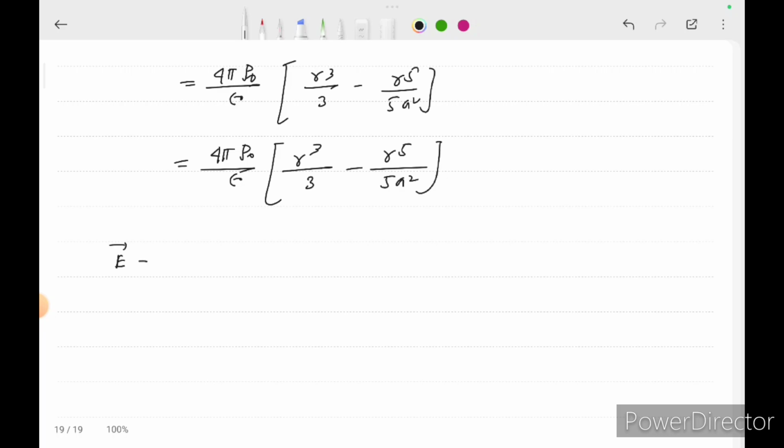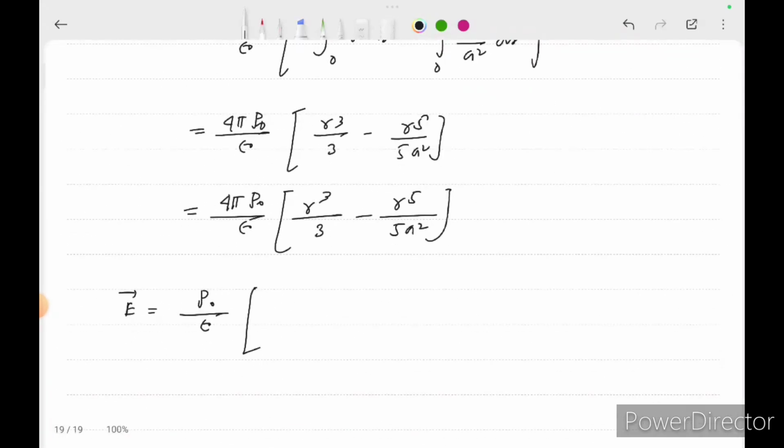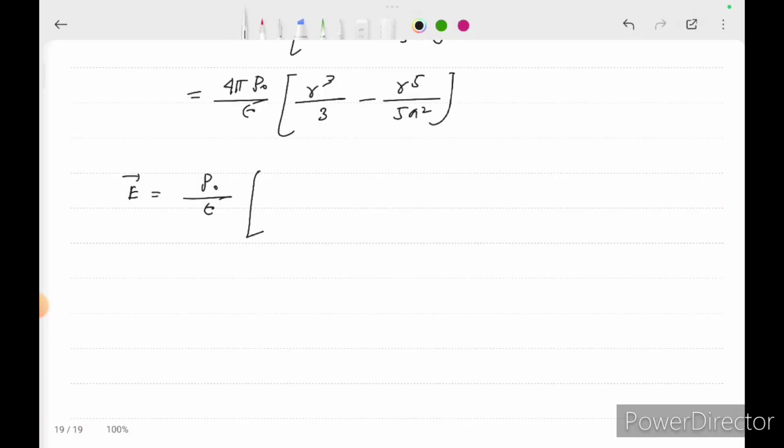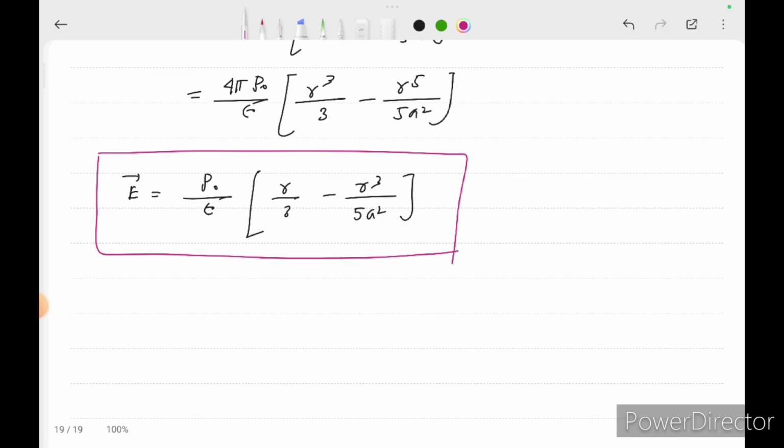The final expression of the electric field is rho naught upon epsilon naught; the 4 pi cancel each other, and r squared is on the left hand side. After dividing by r squared we get (r upon 3 minus r cubed upon 5a squared). So this is the final expression of the electric field at r less than a.